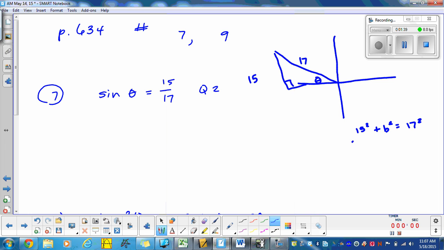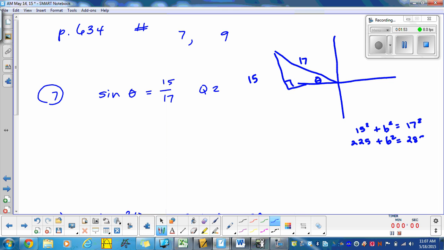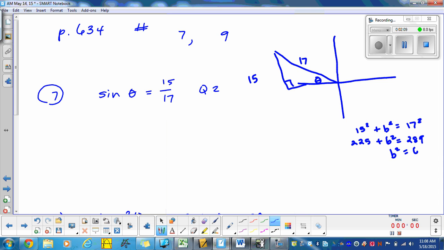And 17 squared is 289. So 289 minus 225 is going to be 64. So b squared is 64. So b has to be 8.